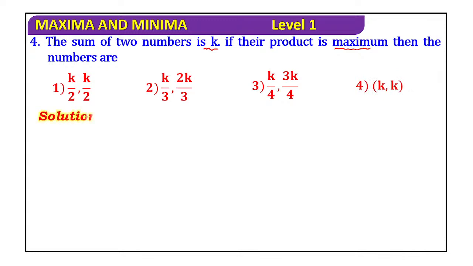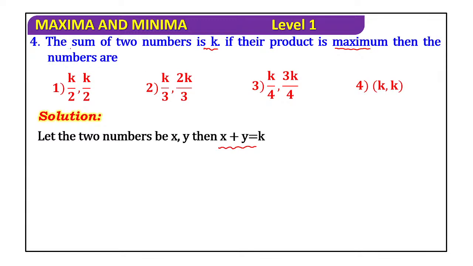So first let us take the sum of two numbers, that is x plus y equal to k. Here they have given the sum of two numbers, so I will take the given condition: x plus y equal to k.